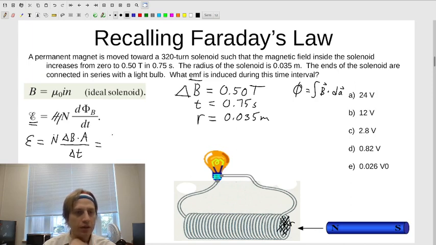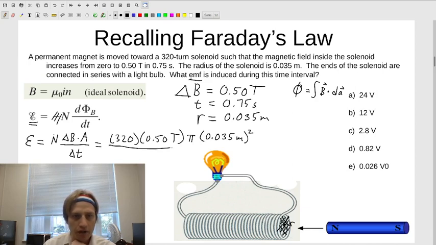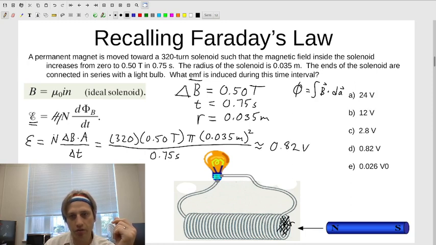So in this case, it would be 320 turns times 0.50 Tesla times the surface area, which is pi r squared, so pi times 0.035 meters squared, all divided by the time it takes for this to happen, which is 0.75 seconds. Then you plug in all those numbers and you should get something right around 0.82 volts.